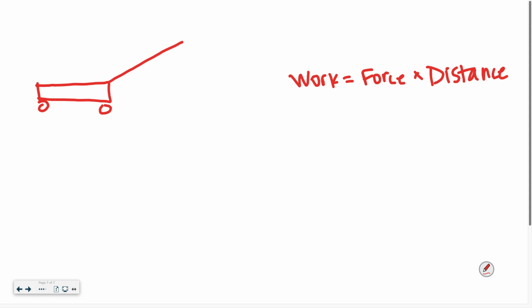The horizontal component. So in this scenario, and I know we don't have time to do the whole problem, we would take magnitude times cosine theta for our force, because that's the only force acting upon the horizontal movement of my wagon.